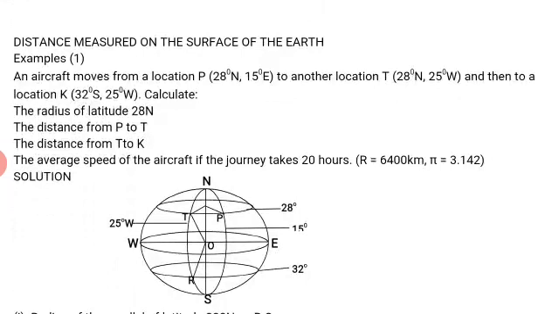Calculate 1. The radius of latitude 28 degree north. 2. The distance from P to T. 3. The distance from T to K. And 4. The average speed of the aircraft if the journey takes 20 hours. Given radius of the earth equals 6,400 km, pi equals 3.142.